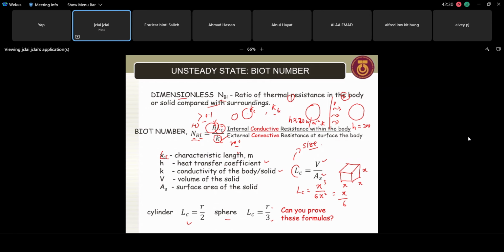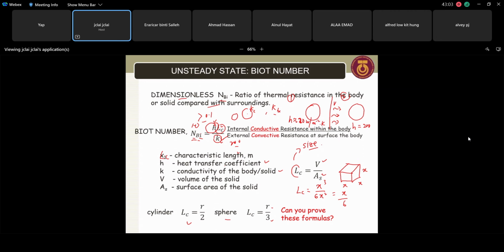Okay, why? Let me explain a little bit. Why, when you increase H, will the Biot number increase and the body temperature distribution become non-uniform? It is the reverse, as compared to K. When you have very high K, heat can be transferred very fast, so you will have uniform distribution across the body.